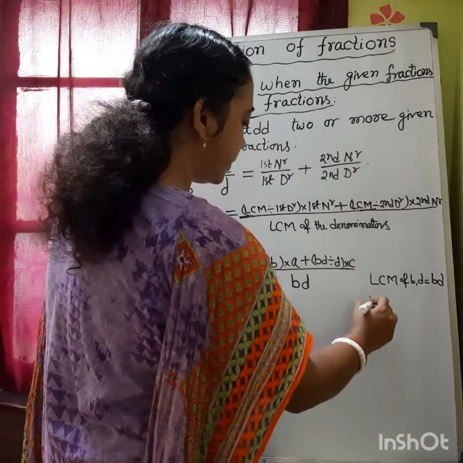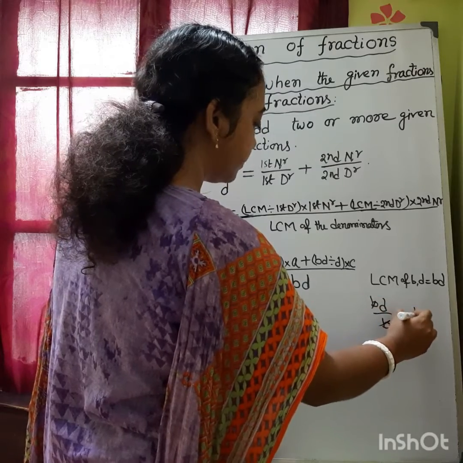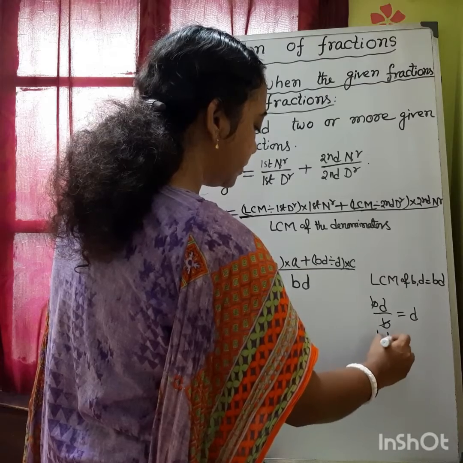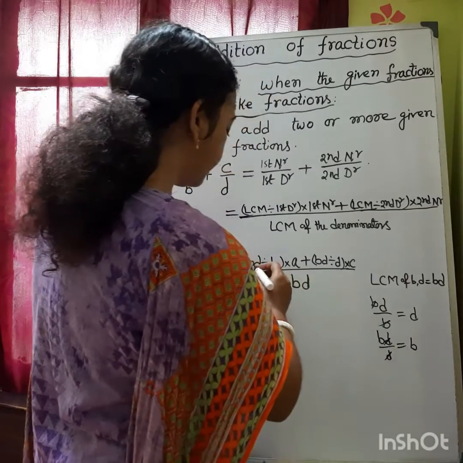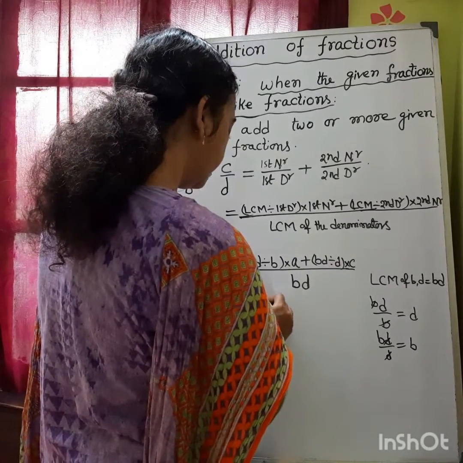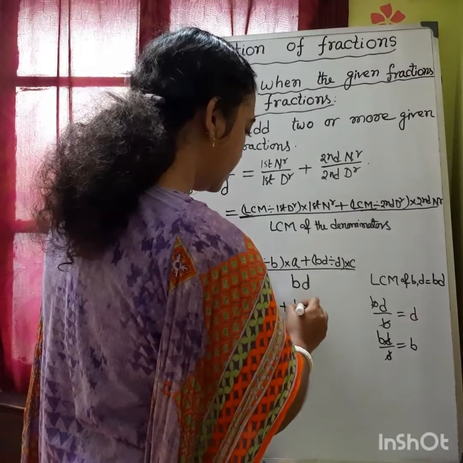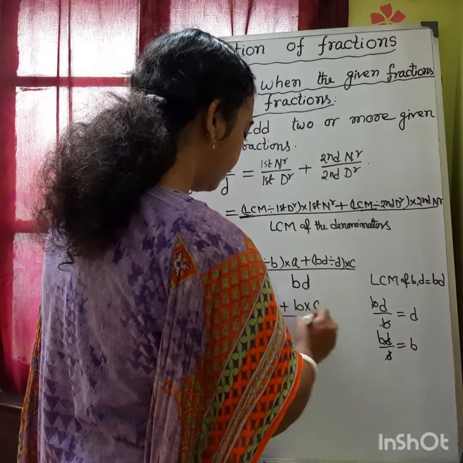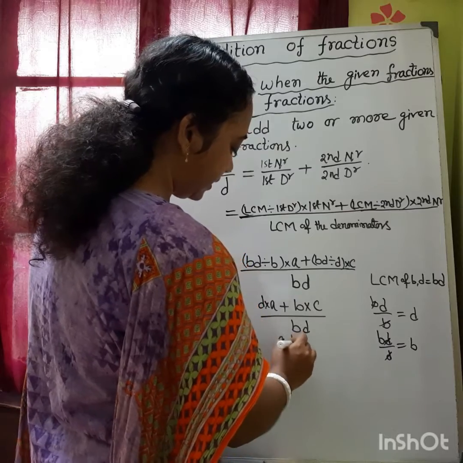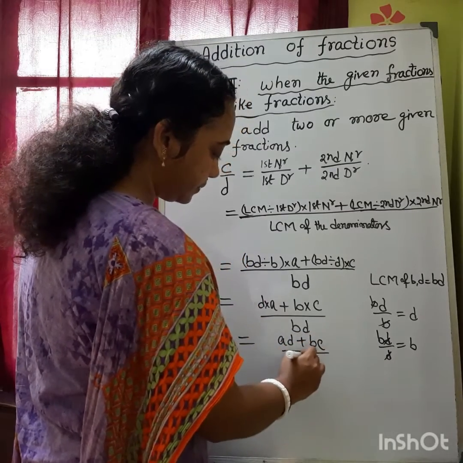Now if we divide bd by b, b will cancel out, giving d. Similarly bd by d, d will cancel out, we get b. So in place of bd divided by b we write d multiplied by a, and in place of bd divided by d we write b multiplied by c, over bd. So we get the result ad plus bc by bd.